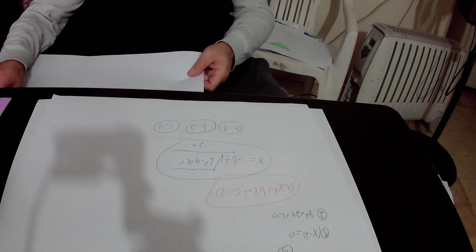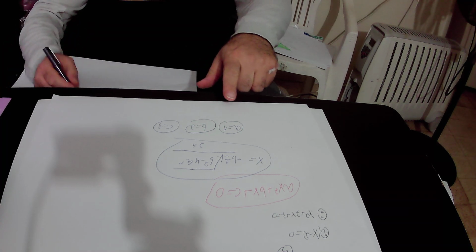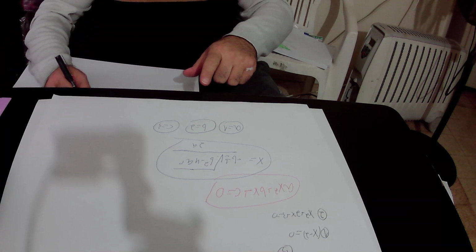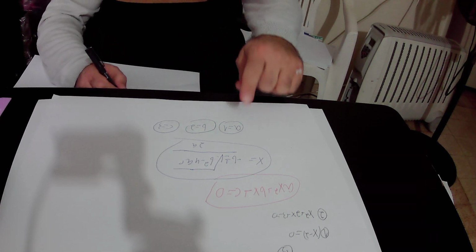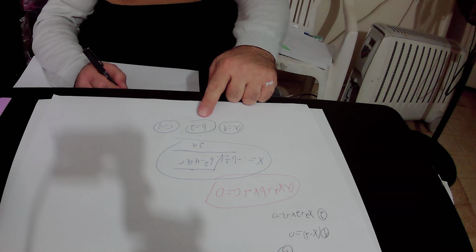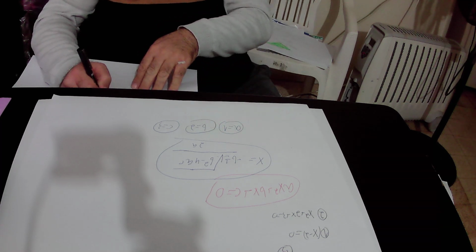So x will be equal to minus b, b equals to 2, so minus b is minus 2, plus minus root of b squared.